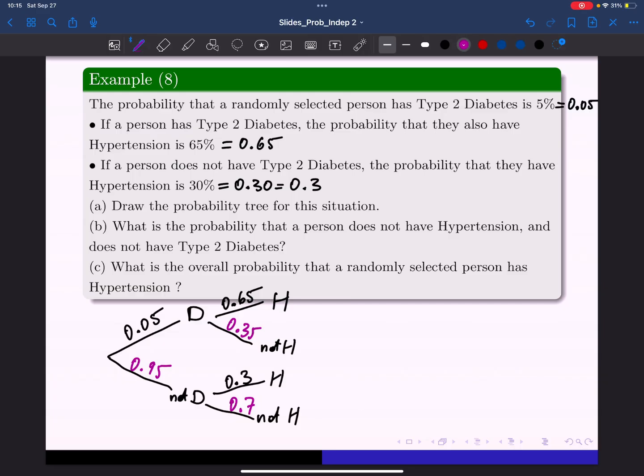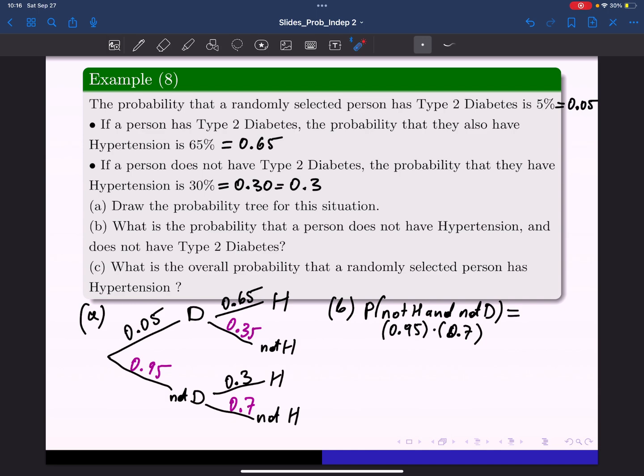So this is part A. Draw the probability tree. Now for part B, we look at what branch we need. What is the probability that a person does not have hypertension and does not have diabetes? So not hypertension and not diabetes. So this is this branch, we need to multiply this out. So the probability for not H and not D would be equal to 0.95 times 0.7.